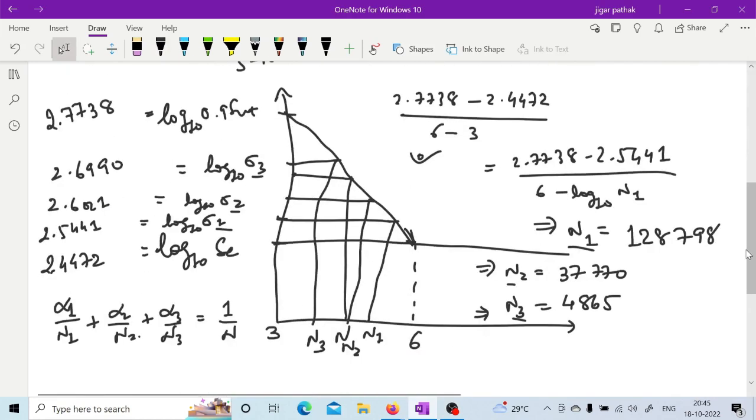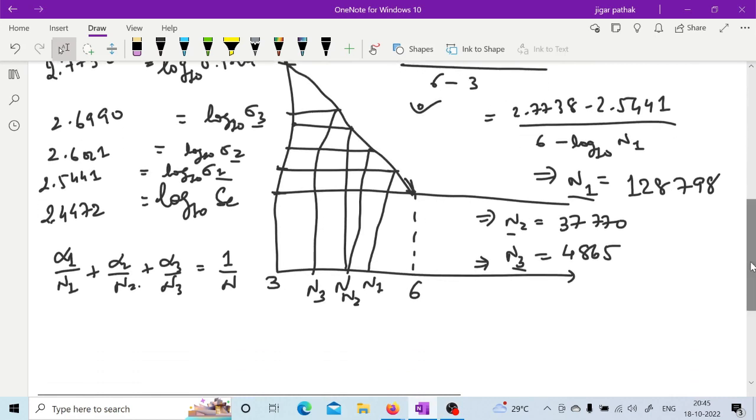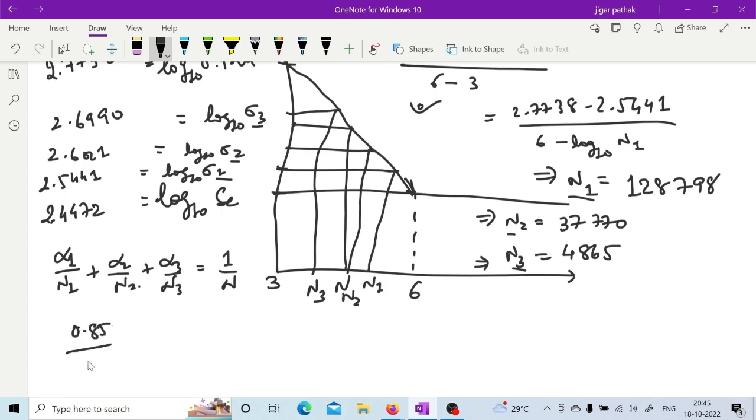Okay. So as it is mentioned that 85% of time, therefore alpha would be 0.85, and for 400 Newton per mm square, 0.5, it's 12%. 128,798. Then, sir, what is the value of n? Let me first note down.